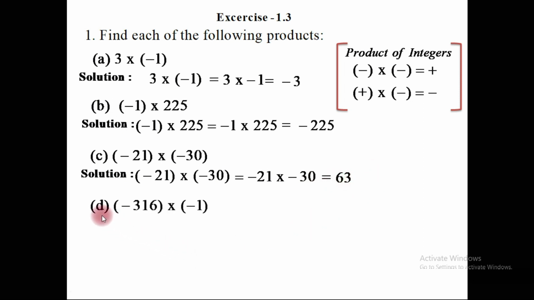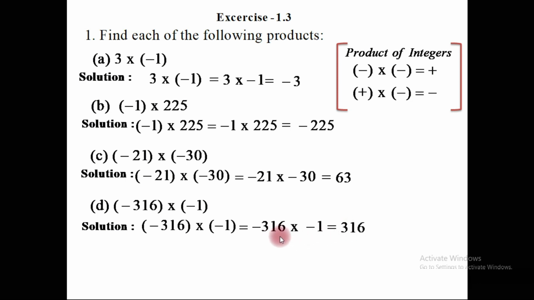Sub number D, minus 316 multiplied with minus 1. When a negative number minus 316 is multiplied with a negative number minus 1, minus and minus multiply becomes plus. 316 into 1 is 316, plus 316.